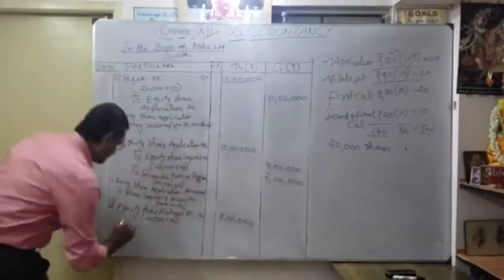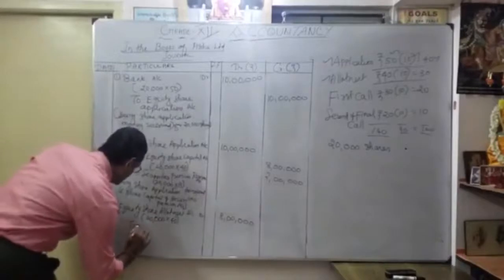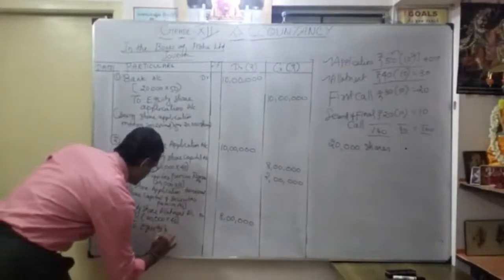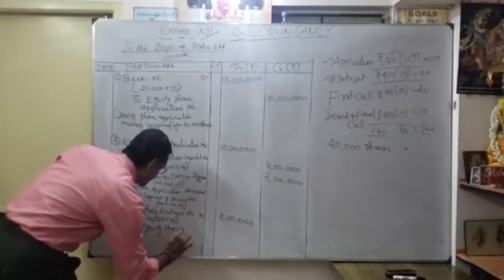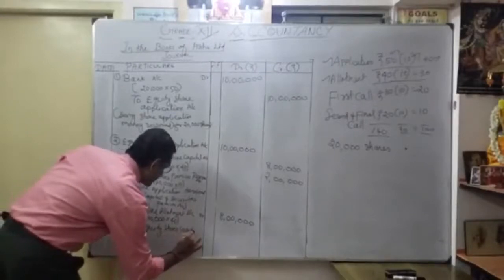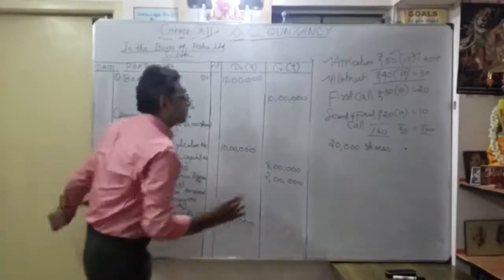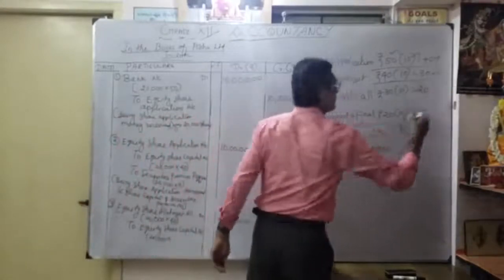Okay, equity share allotment account. Then, how much I am going to transfer? To equity share capital account. Again, within the bracket, 20,000 into only this 30 rupees, correct? So 30.